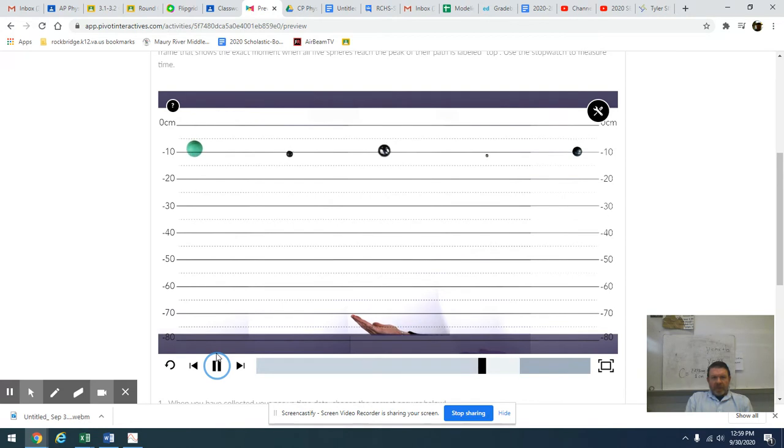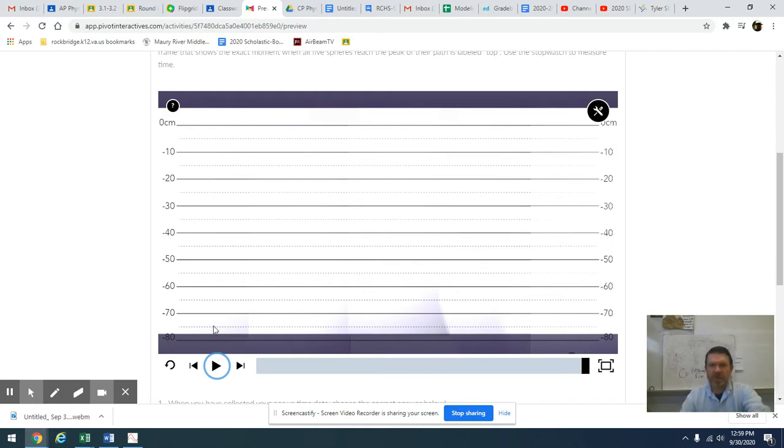So we got 5 objects there. It looks like they're different sizes, but doesn't look like it matters much which one we pick, does it? Looks like the motion's the same. So I'll pick one of them.